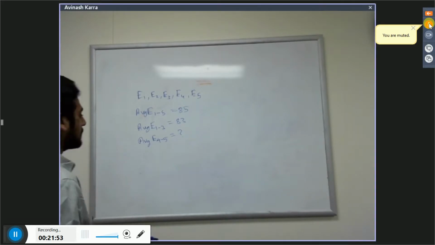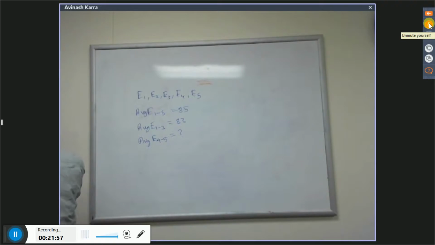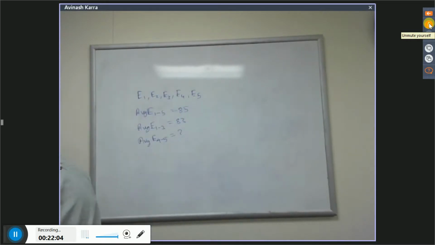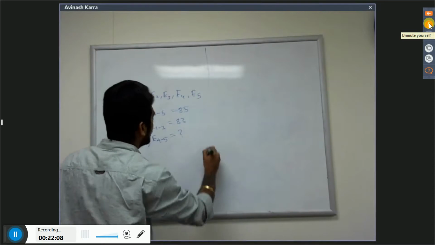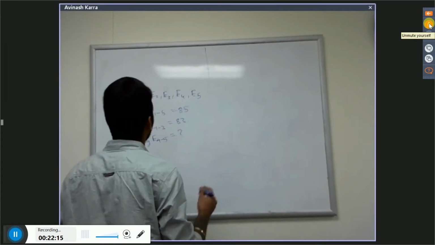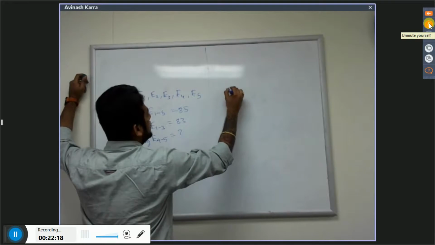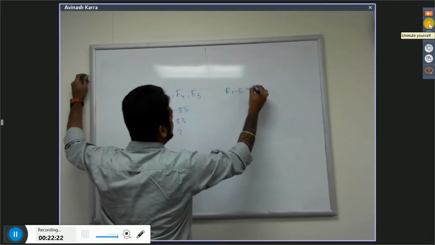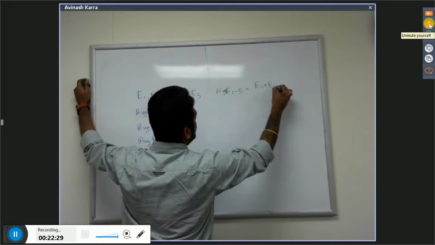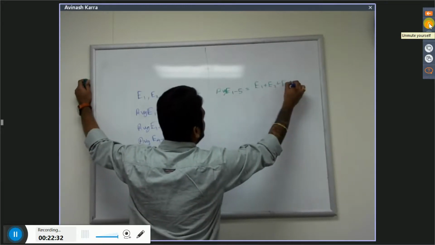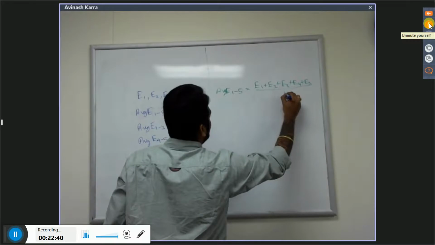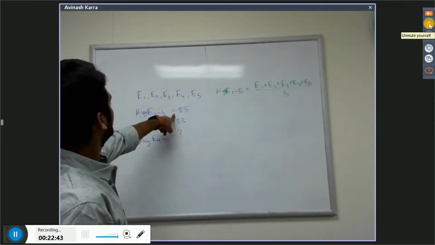Okay. See, average of E1 to 5 is nothing but E1 plus E2 plus E3 plus E4 plus E5 by 5, right? And what is the value? 85.